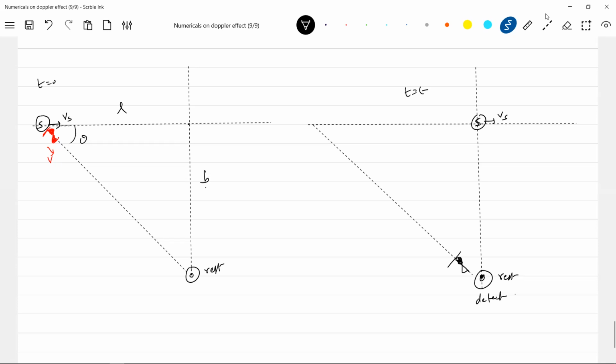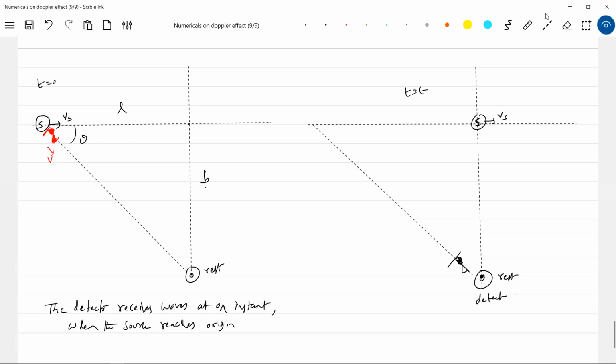So when should the wave have been generated? Prior to this, no? So what is the condition here? At the instant when the source reaches origin, the source generates a wave.